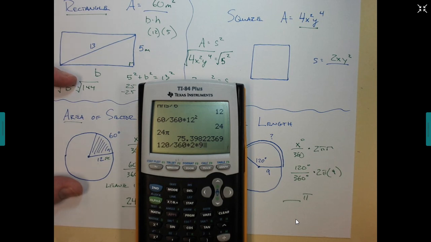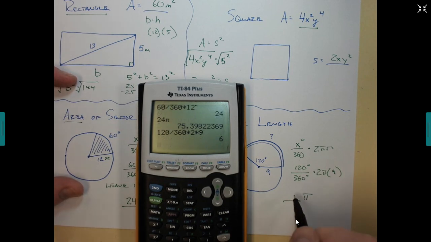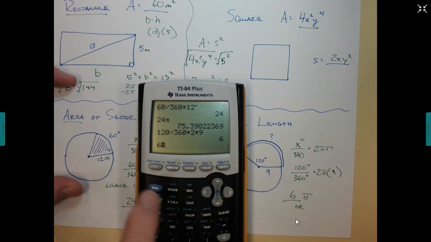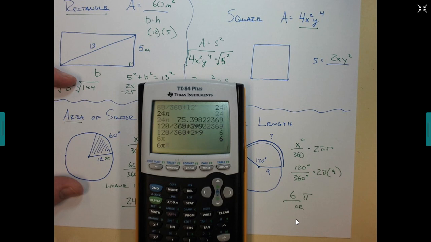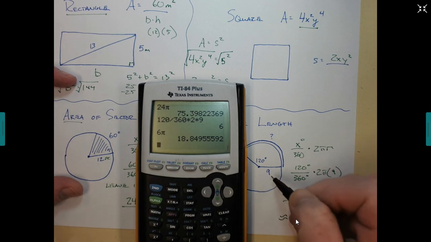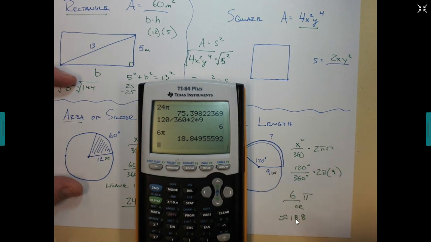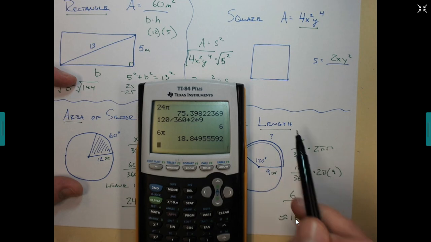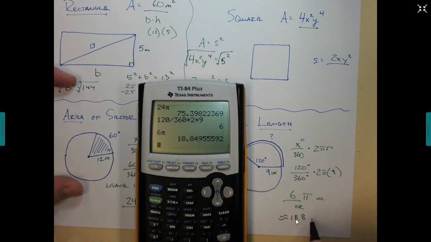We just leave pi out of the calculator. We have an answer of 6 pi. Or we can do everything in the calculator and get an answer. If we round it to the tenths, it would be approximately 18.8. And if these were inches, this is arc length, not an area idea. This would just be 6 pi inches or 18.8 inches.